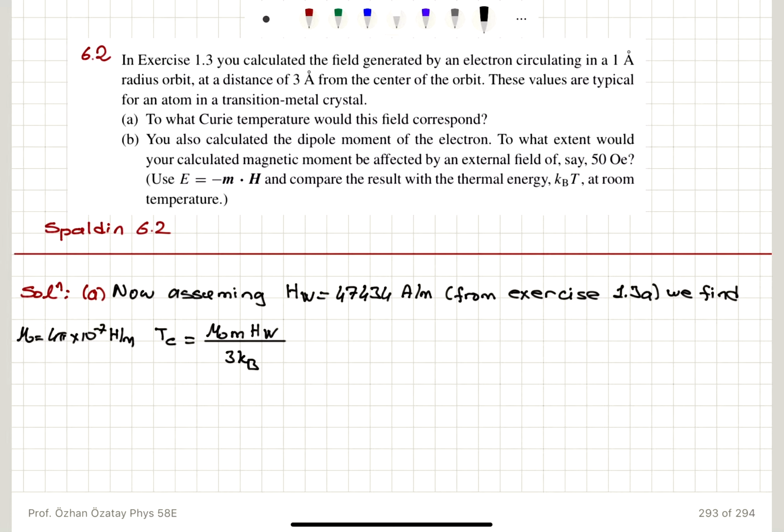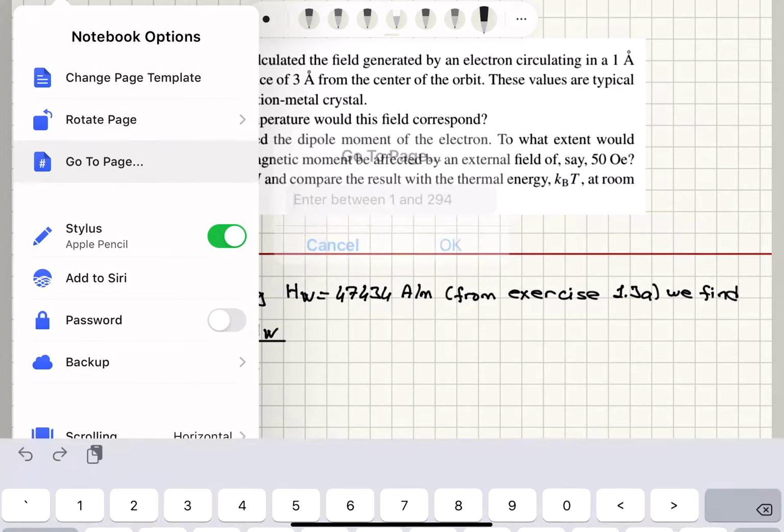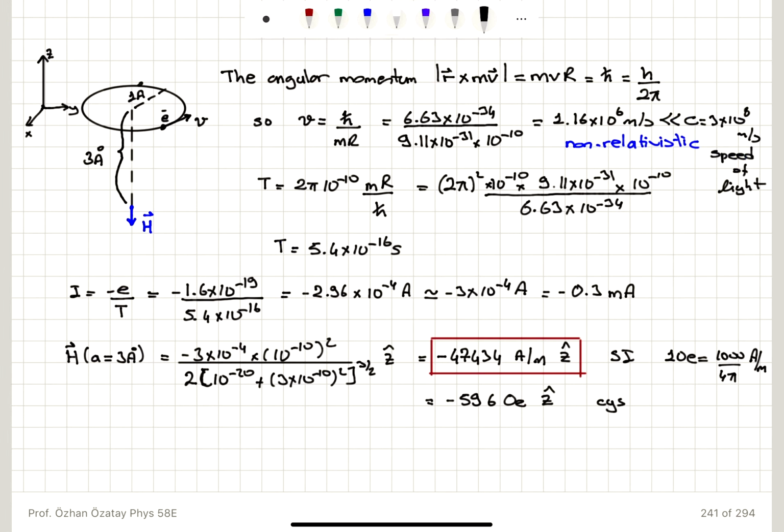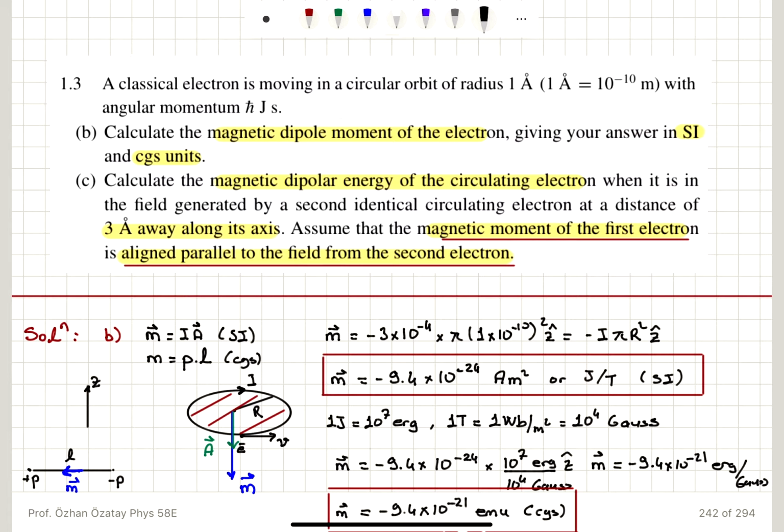And what is the magnetic moment of this electron? That we have also calculated in that problem. If we look at the result of this problem, we have seen that the magnetic dipole moment of the electron was basically a Bohr magneton. So it's minus 9.4 10 to minus 24, that is roughly the Bohr magneton.